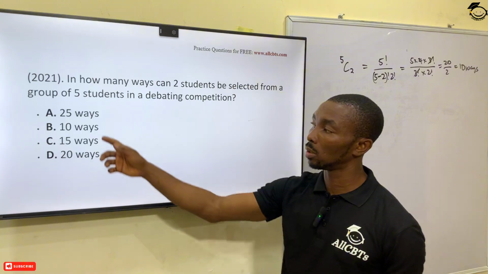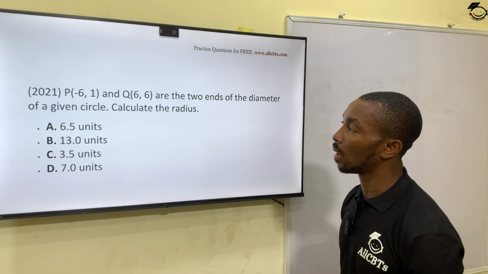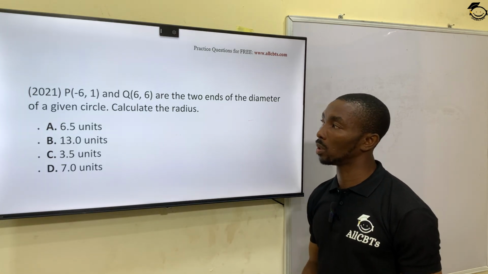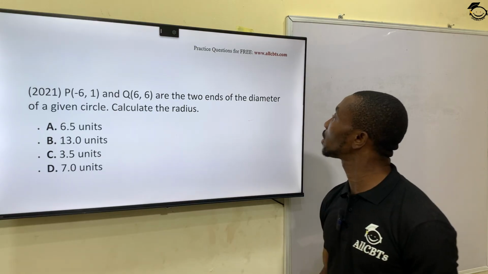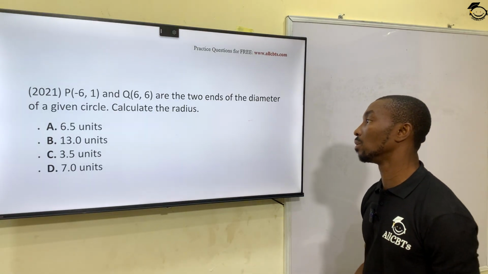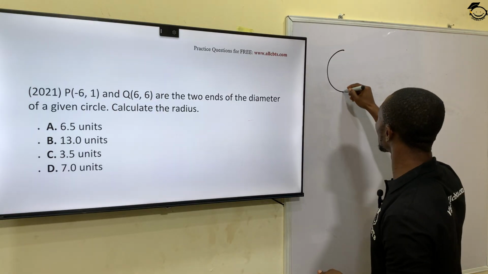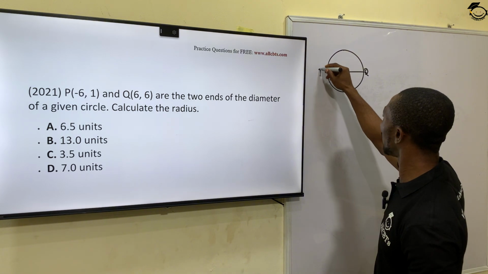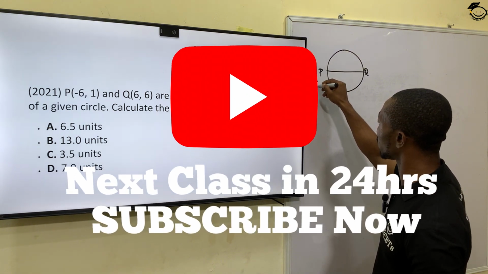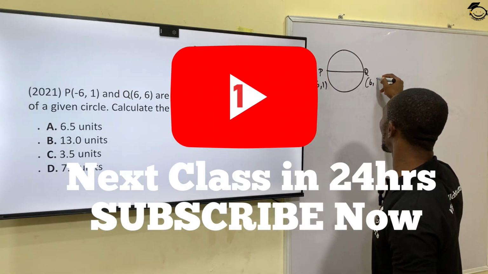So 10 ways, which is our option B. Our question says P at point minus 6 and 1 and Q at point 6 and 6 are the two ends of a diameter of a given circle. Calculate the radius. So P is minus 6 and 1 and Q is 6 and 6.